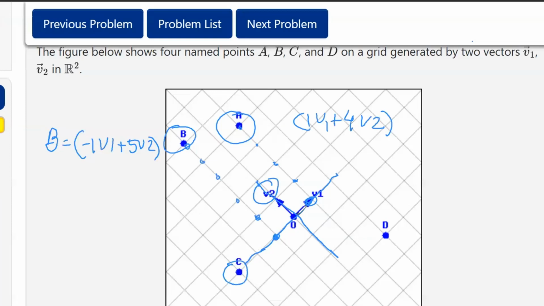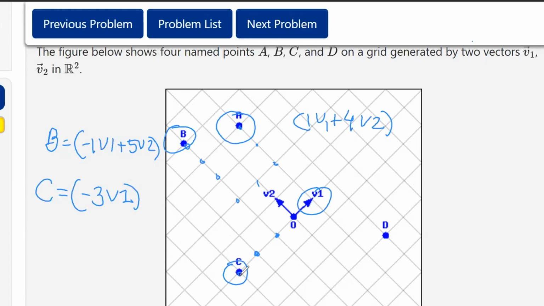And for C, you can see I'm going -1, 2, 3 on the x-axis. So it's -3 V1. And I'm not going on the y-axis, so it's 0. So I don't have V2.